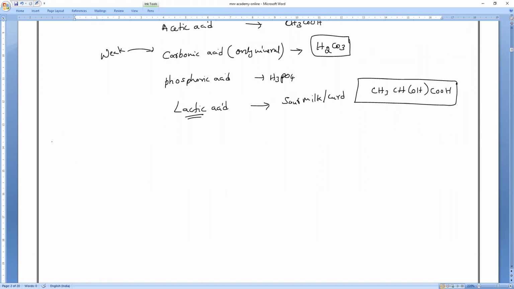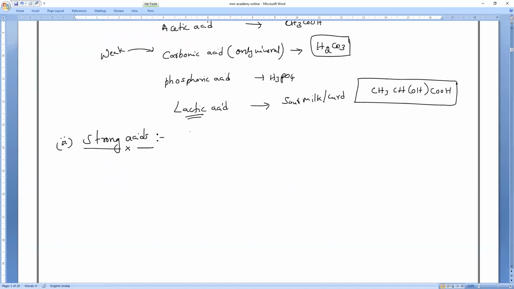Next, strong acids, the opposite of weak acids. Weak acids are not completely ionized, or partially ionized.